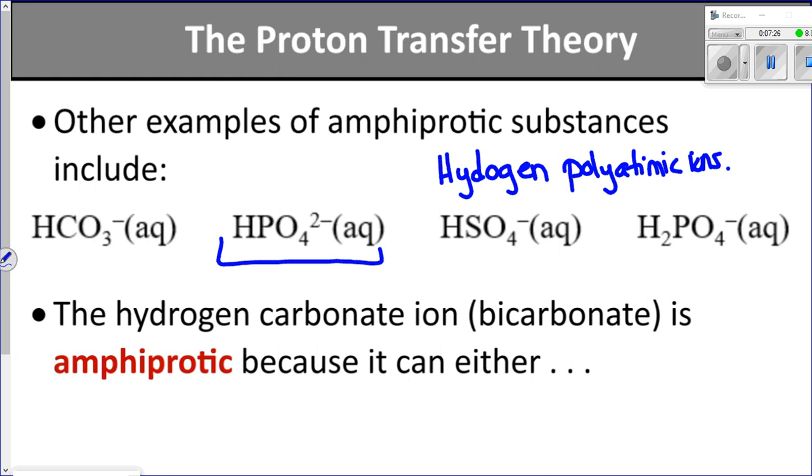When it accepts a proton, I could write it as H2PO4 1-. It also has a hydrogen available to donate. So if it donated that proton, then it would be back to just its polyatomic ion state. So that means it can act as an acid or a base depending on the scenario.